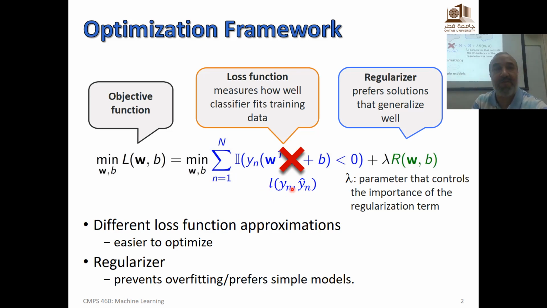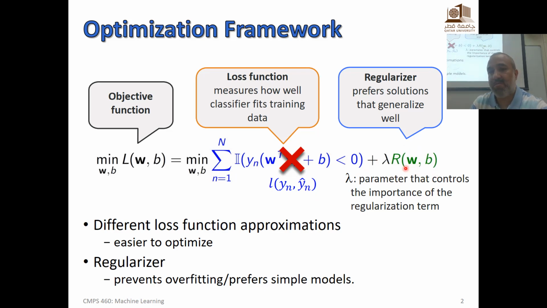And you can see it even in the equation here. The loss function is a function of the predicted value. And the predicted value, of course, depends on the examples or the feature values. How about the regularizer? Does it depend on the data that we have?